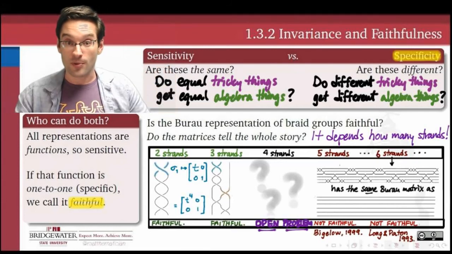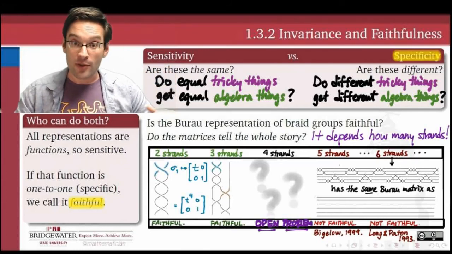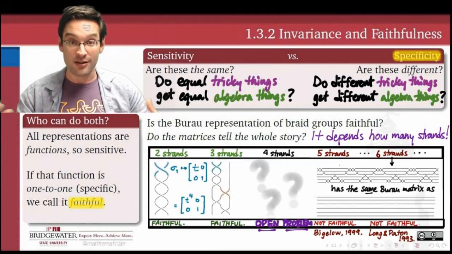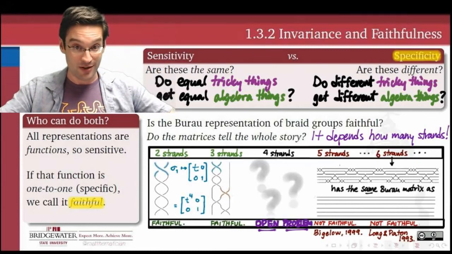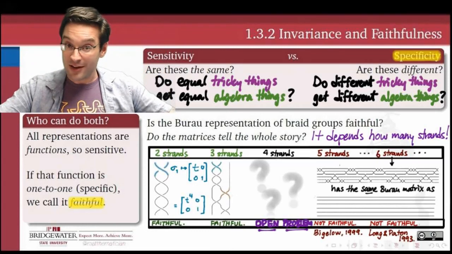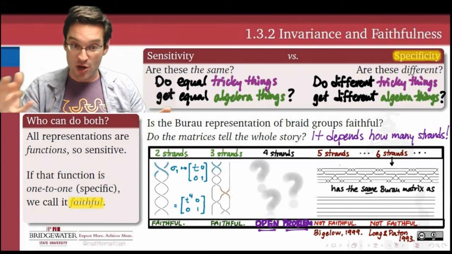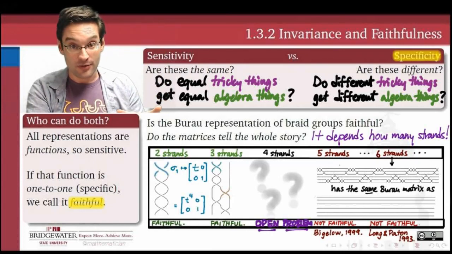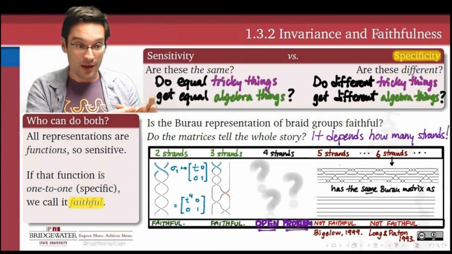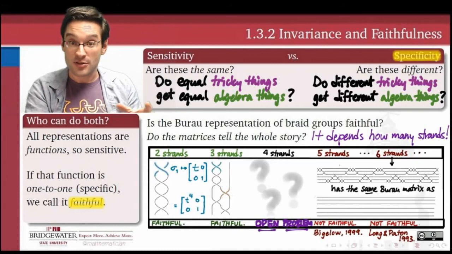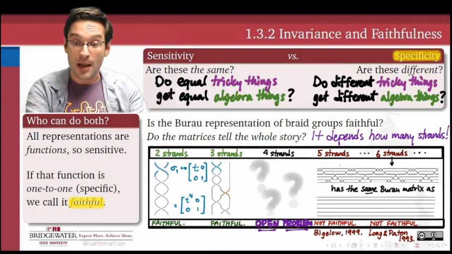We're going to search for those wherever we can find them. Just like later in the course, we're going to try to search for complete invariants of knots and links wherever we can find them. But they are much, much harder to find. And partial invariants, or general representations, not necessarily faithful ones, we can find those fairly simply, and they can still actually tell us a lot about the structure of the trickier groups and algebraic objects that they represent.